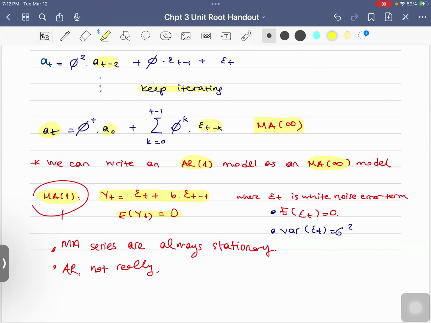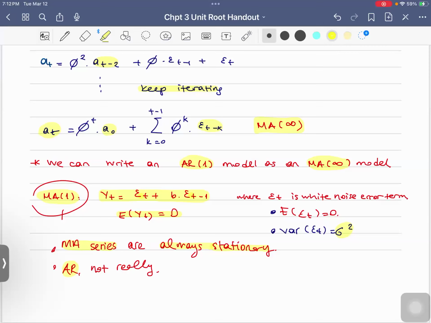Why? Because the expected value of the error term is 0. Remember our assumptions from the previous classes. And then the variance of the error term is equal to sigma squared. That's also constant over time. So as soon as you reach a moving average or MA type series, you see that they are almost always stationary, okay?